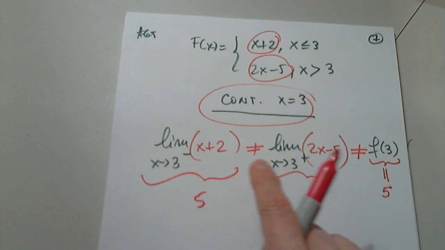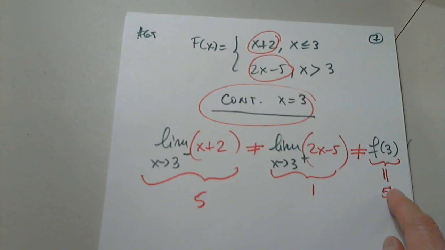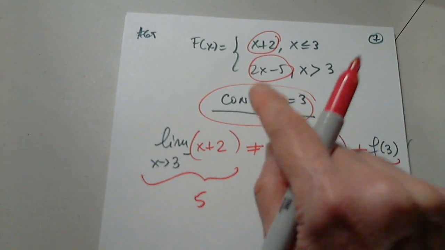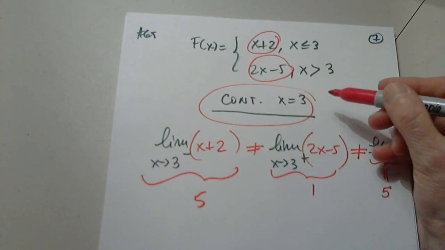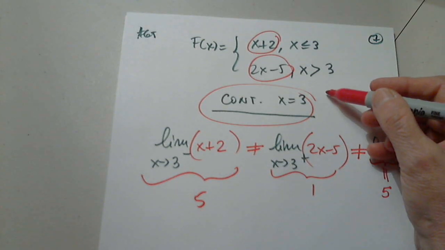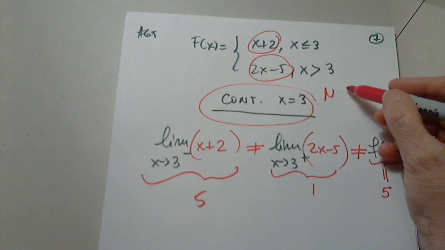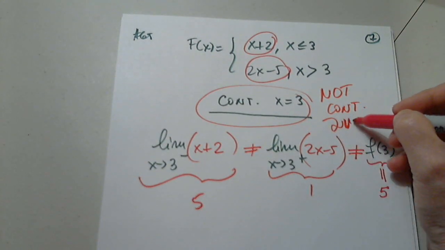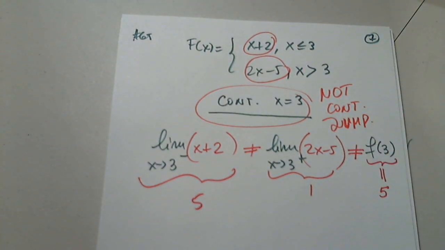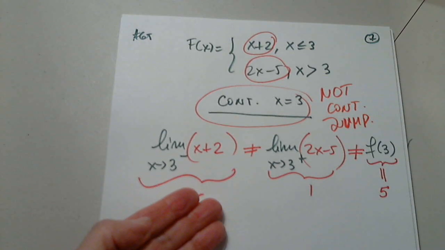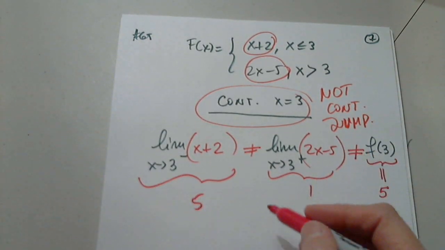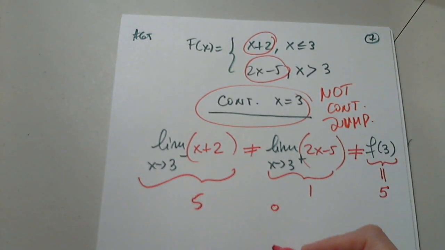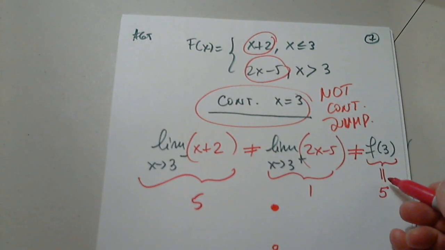Since the left does not equal the right, and it does not equal the function value at that point, what do we say about continuity at 3? We only have to say not continuous. Jump. The limit from the left is 5, the limit from the right is 1. So something like this. This is a full point because it's 5.